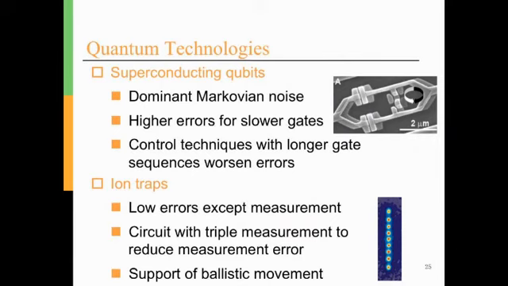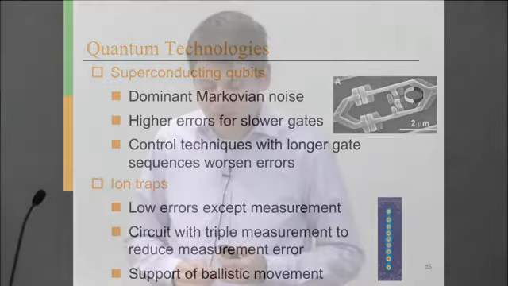The two of our favorite technologies are superconducting qubits and ion traps. Superconducting qubits have errors that are due to Markovian noise, and therefore it is difficult to reduce these errors by using control techniques.